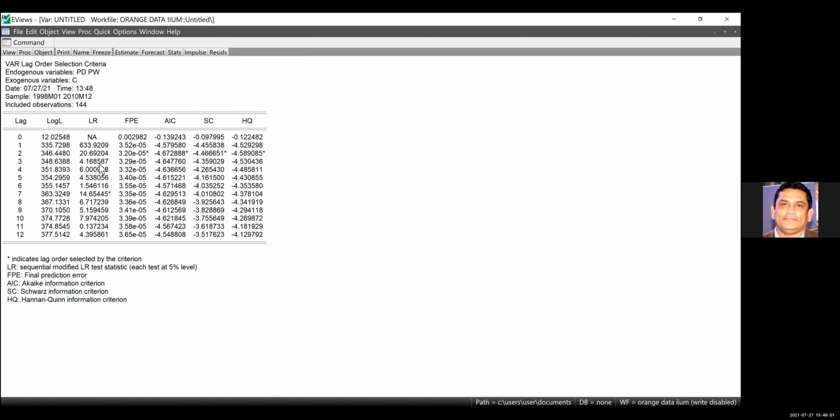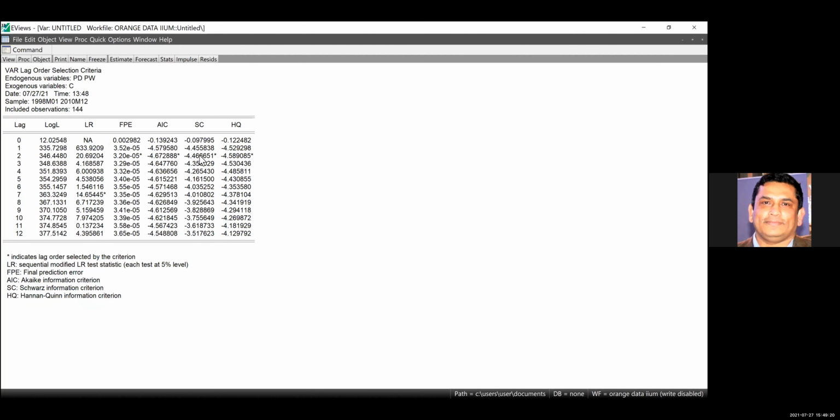It's showing that, for example, maybe there should be some more lags, but based on LR, the optimal lag is 7. Based on FPE, the optimal lag is 2. Based on AIC, optimum 2. Based on SIC, optimum 2. And based on HQ, optimum 2. So you see that these four are showing that the optimum lag size is 2.